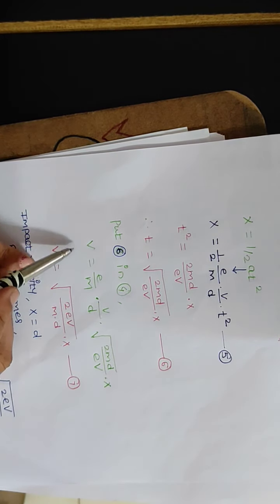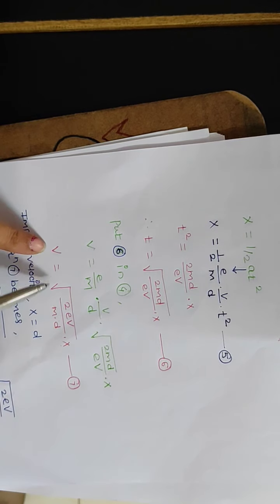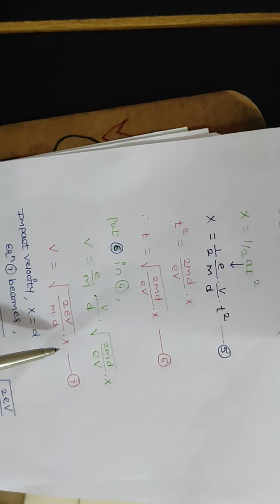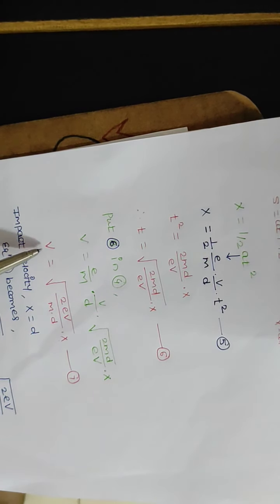Okay, and after solving this equation we get v is equal to root of 2eV divided by md into x. Give next equation, that is equation number 7. Okay, now from this equation also we can say that velocity of the electron is directly proportional to the square root of the displacement x along x-axis at any given time t.